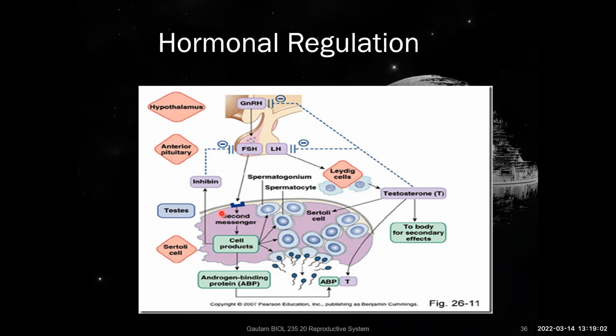We'll learn about second messengers when we learn about endocrine. But the result of FSH binding is going to be the following. One, this is the Sertoli cell, by the way, in purple. So these receptors for FSH are on the Sertoli cells.